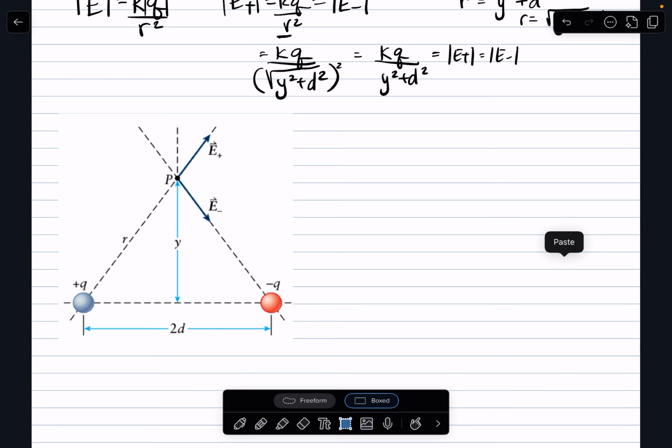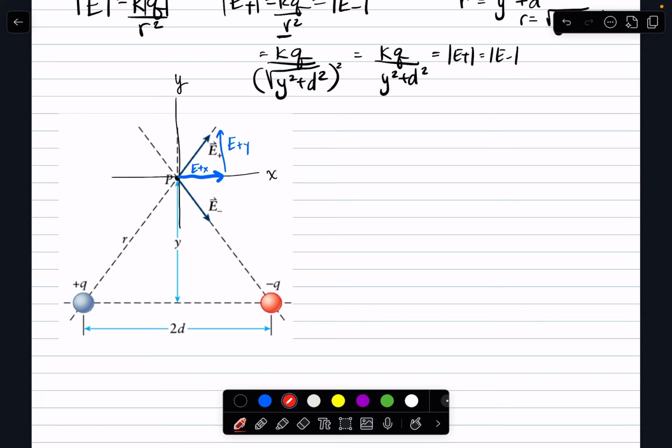You may be able at this point to look at it and figure out by inspection what they are, but we'll do it the long way. First, we need to find the components in the X and Y direction. So I'm going to draw my X and Y axis here. Here's Y, here's X. And we need to find the X component of E plus and the Y component of E plus.